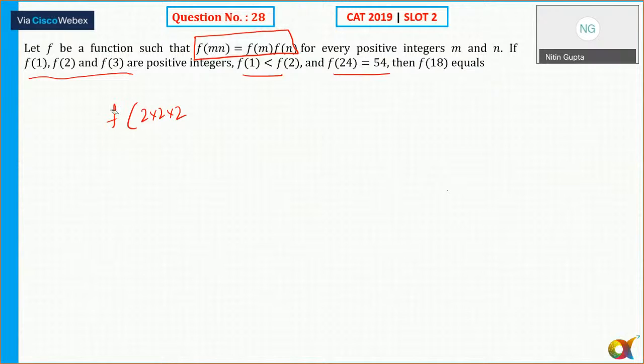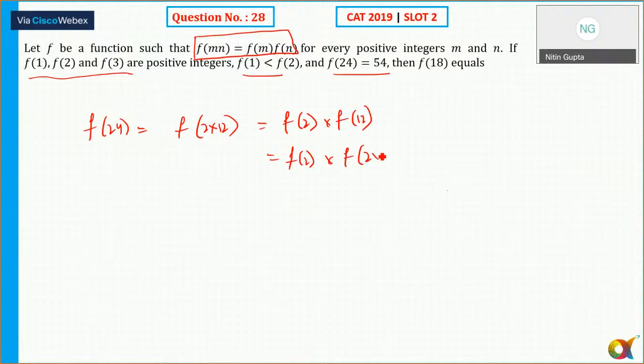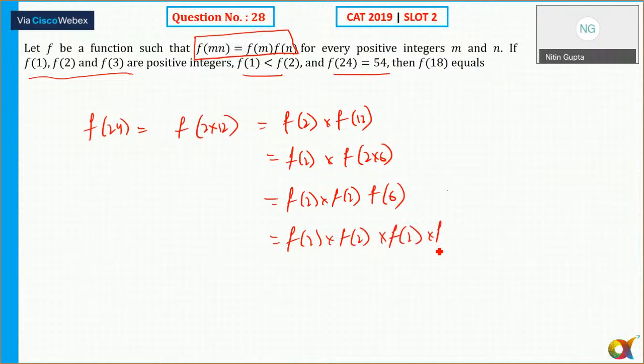Okay. I'll say f(24) is equal to what? So f(4) is into 6 into 6, which is 2 into 2, and this is equal to 54.